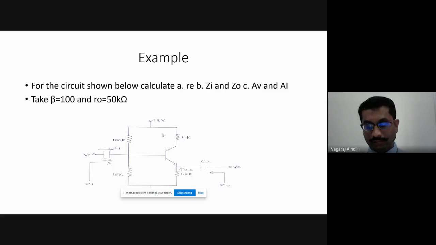How much are you getting? 100 kilo ohms parallel with 15 kilo ohms. That is 100K into 15K divided by 100K plus 15K, the parallel combination, R1 parallel R2. What is the answer?